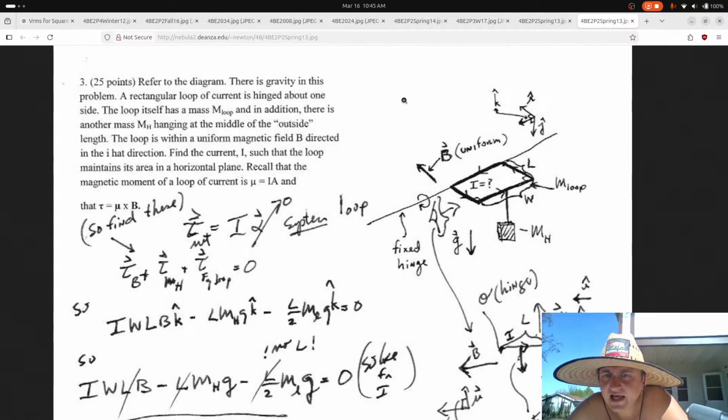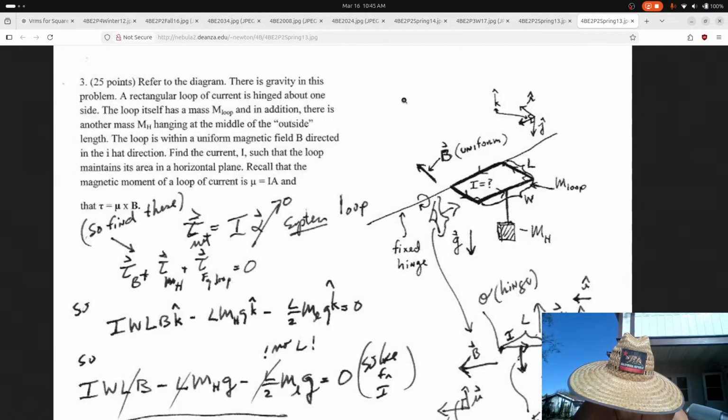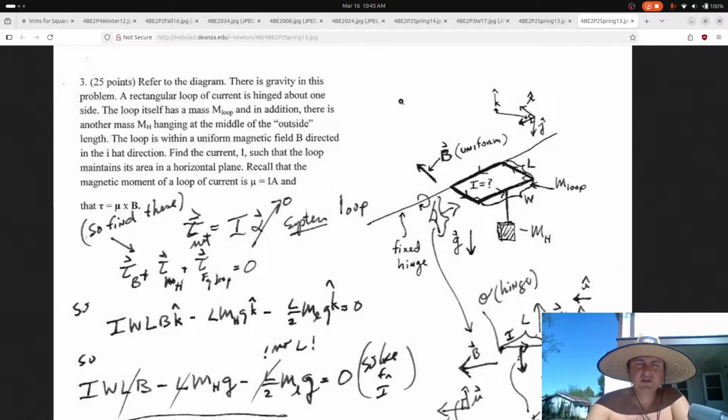The loop has mass. Refer to the diagram. There's gravity in this problem. A rectangular loop of current is hinged about one side. The loop itself is mass m loop. In addition, there's another mass m hanging at the middle of the outside.